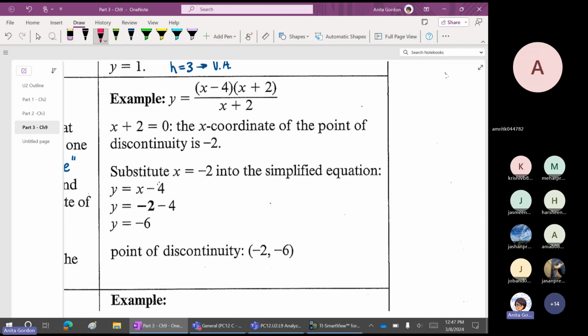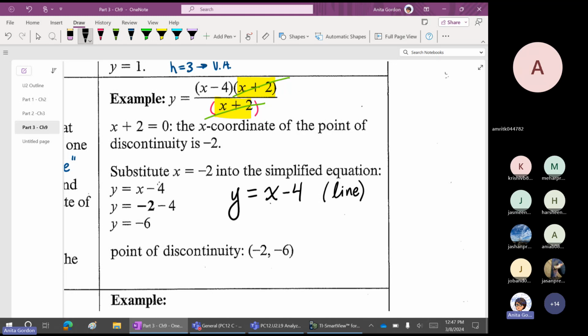You can see that there is an x plus 2 in the numerator and an x plus 2 in the denominator. This means I have a common factor. I could cancel those out. In fact, I'm going to, because that is going to give me a much simpler equation. All I have to work with now is y equals x minus 4, which is a line equation. Those are really easy for me to graph.